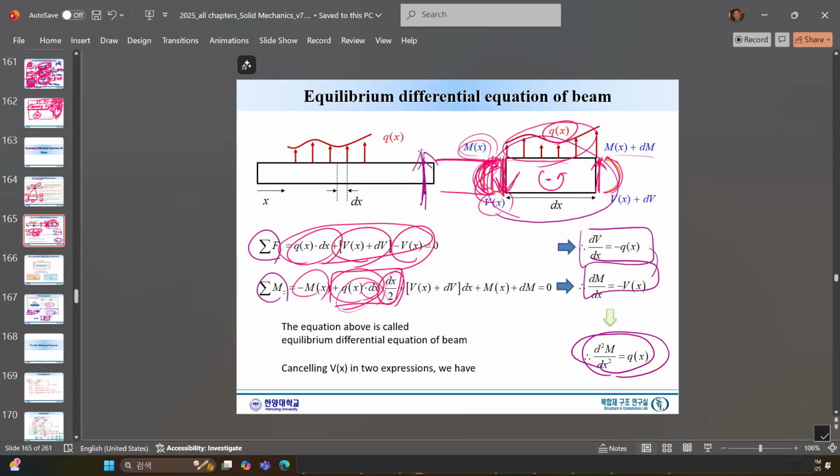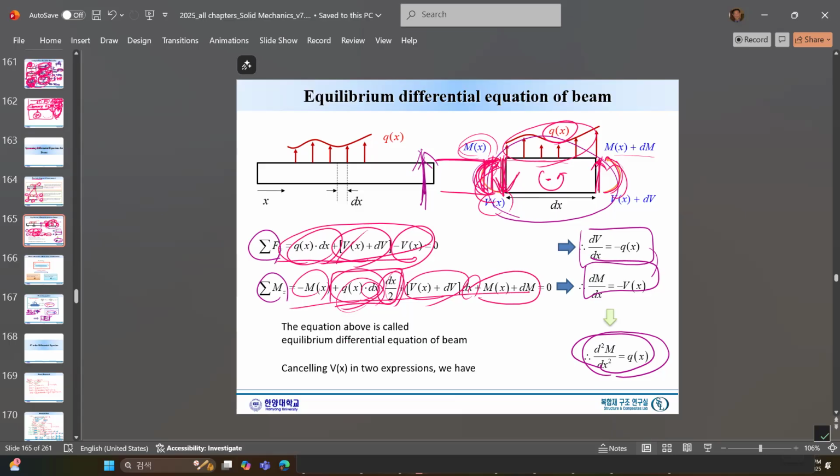This is the force and dx, and this is positive here. All the moments have to be zero.